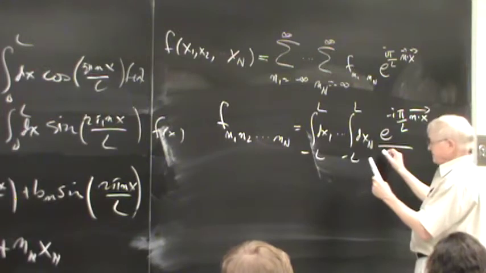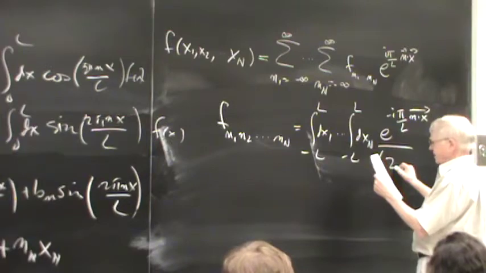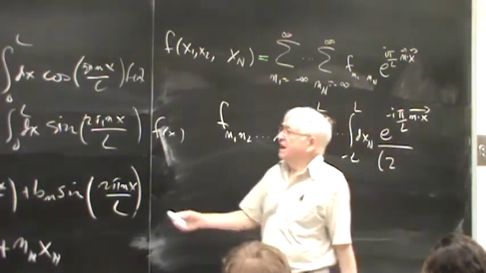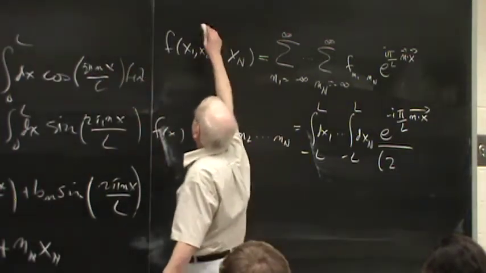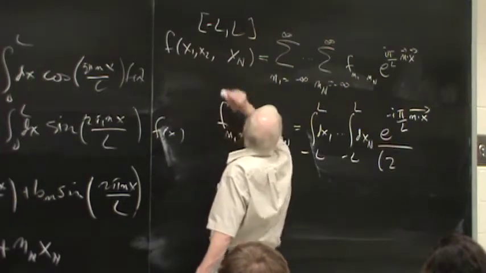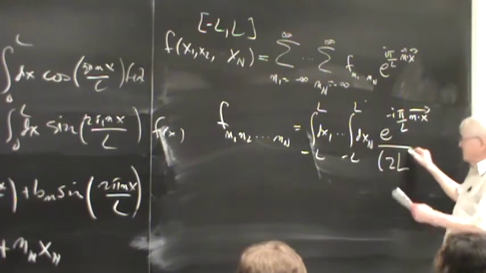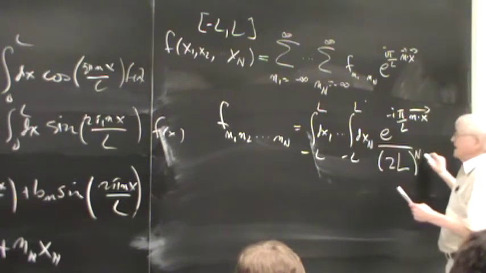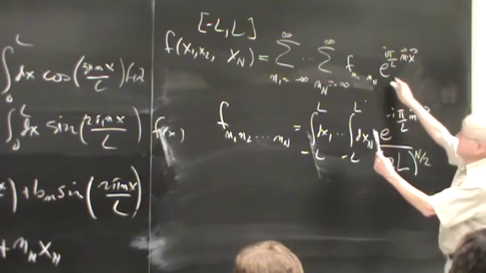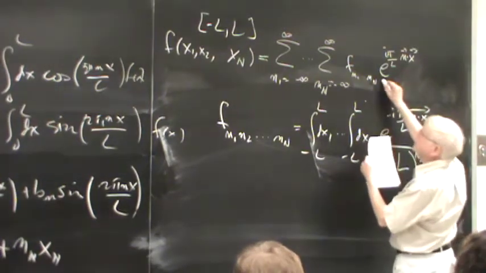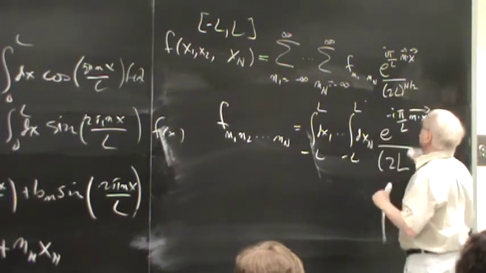And now we have to divide by... Okay, for some reason, here I had interval 0 to L. I've switched to interval minus L to L. So the interval now is minus L to L, and we divide by 2L to the N over 2. But I left out the 2L to the N over 2 from that.